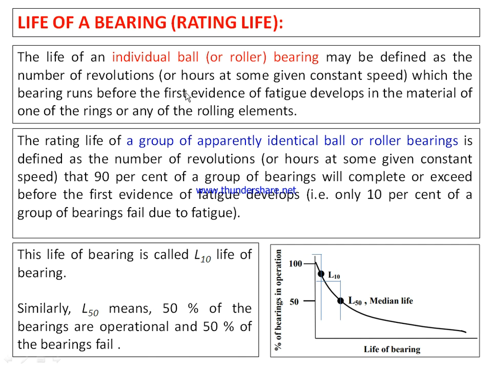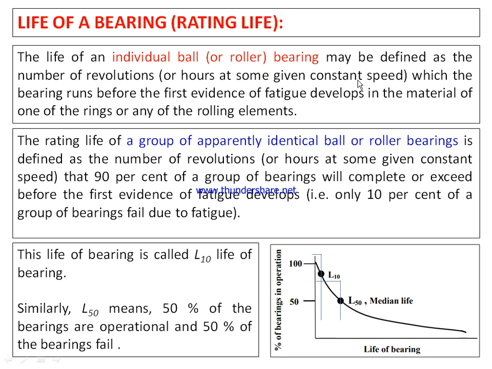So it is defined as the total number of revolutions, or in terms of hours, at a given constant speed before the first evidence of fatigue develops in the material of one of the rings or the rolling elements.